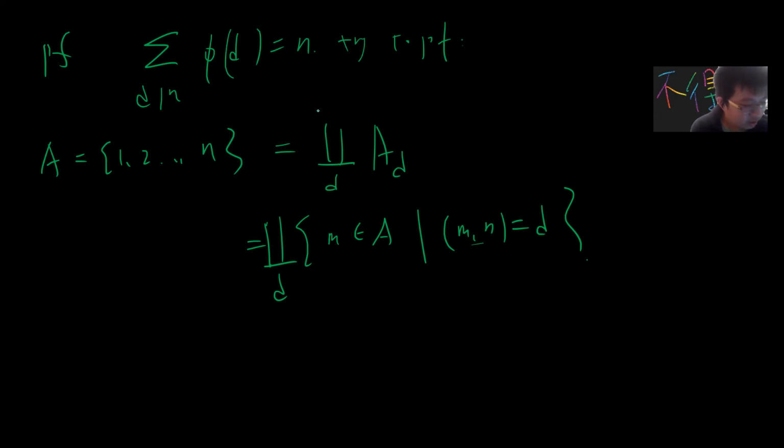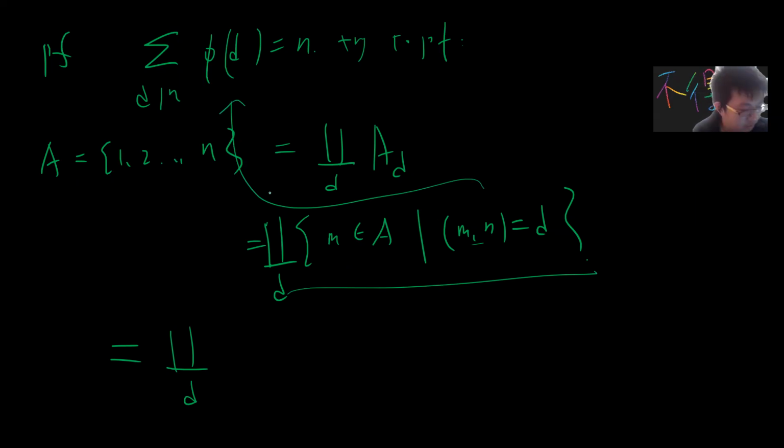Okay, now we do a stupid trick. I think you guys can already see a proof, because it's disjoint. If you take the cardinality, then you get n, and so all you need to prove is that this set's size is actually this.